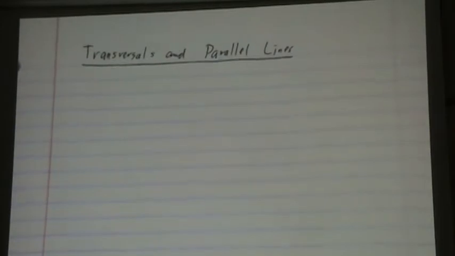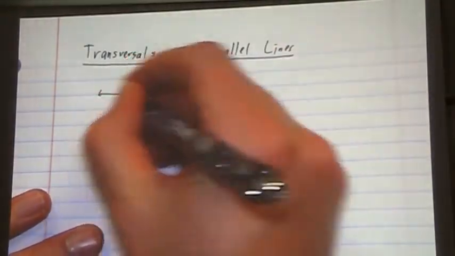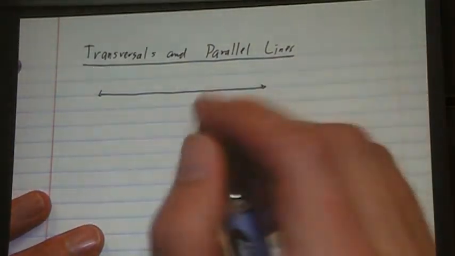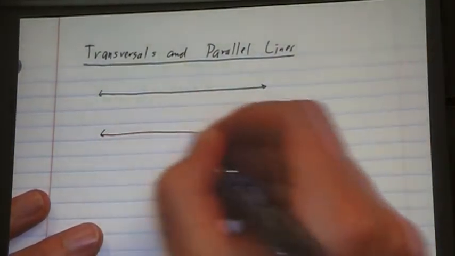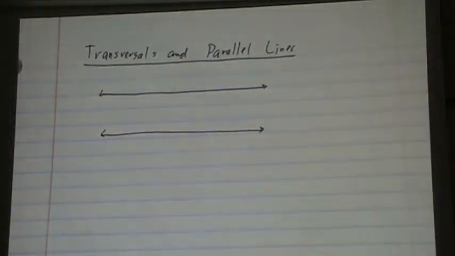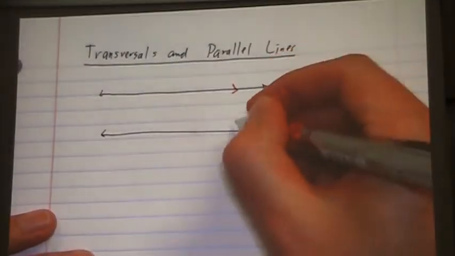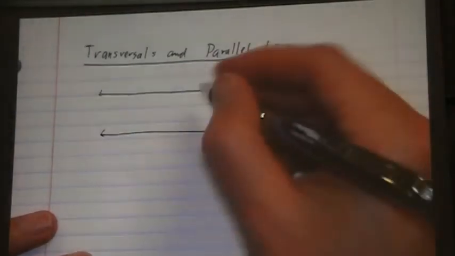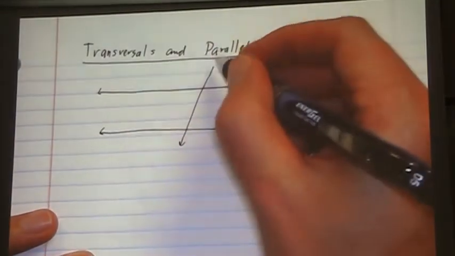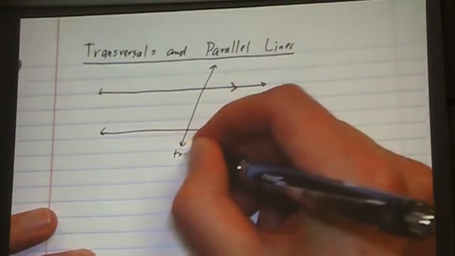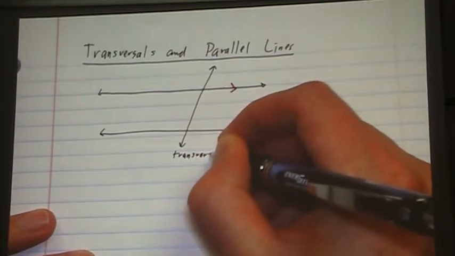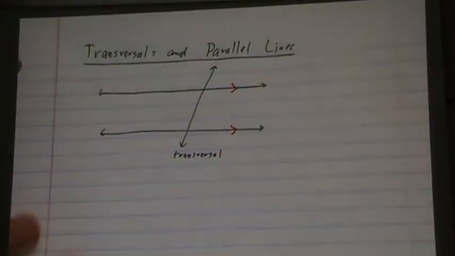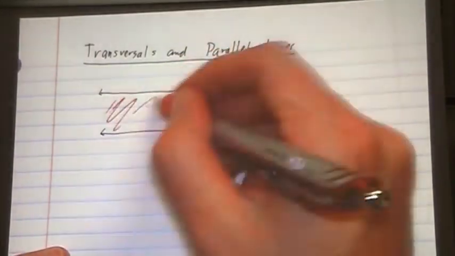Okay. So we have, this is just kind of a base definition. If we have parallel lines, remember you're going to have little lines like that to show they're parallel. You've got a transversal. And you've got interior. Remember, interior is inside.